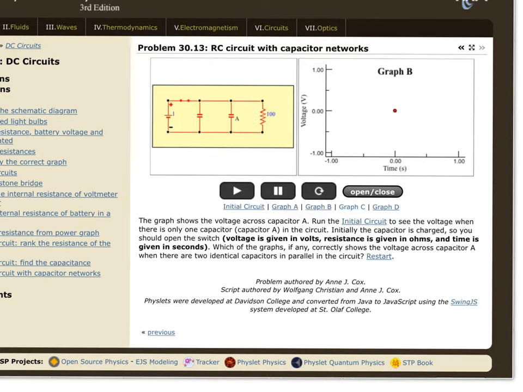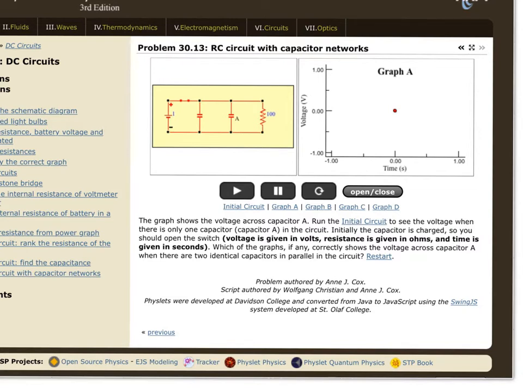All 4 graphs, B, C, and D, they're all the same circuit, and only one of these graphs is going to be correct. So we're looking at the voltage across capacitor A and how it varies as a function of time.